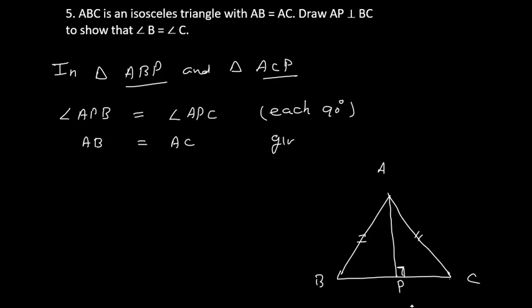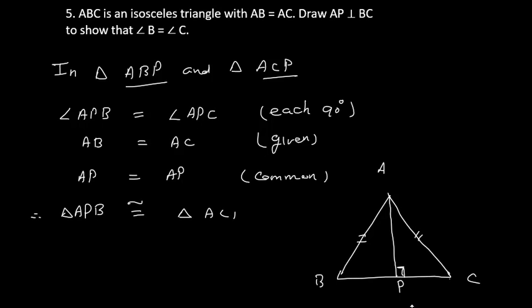This is given and AP is common side. So therefore triangle APB is congruent to triangle ACP. The criteria is RHS. So RHS criteria.